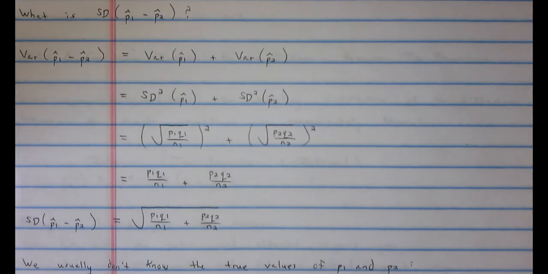Let's use what we just discussed about the variance of a difference. The variance of p1 hat minus p2 hat is equal to the variance of p1 hat plus the variance of p2 hat. And of course, the variance of p1 hat is the standard deviation of p1 hat squared. The variance of p2 hat is the standard deviation of p2 hat squared.